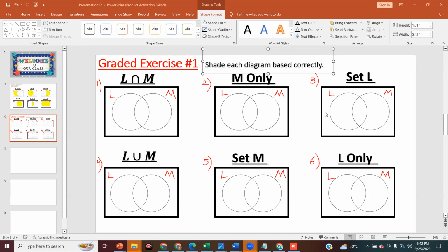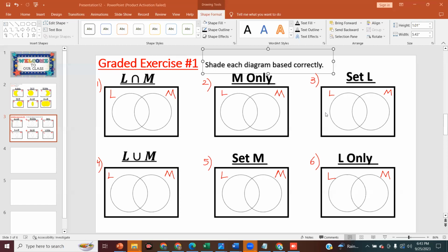Stanley Penniman, what number are you on? Stanley Penniman, are you there? Yes, sir. Yes, Stanley. What number are you on? Number 3. Okay. All right. You understand what you're doing? Yes, sir. All right.